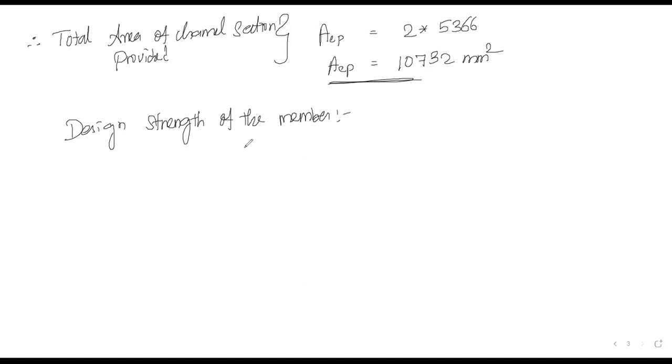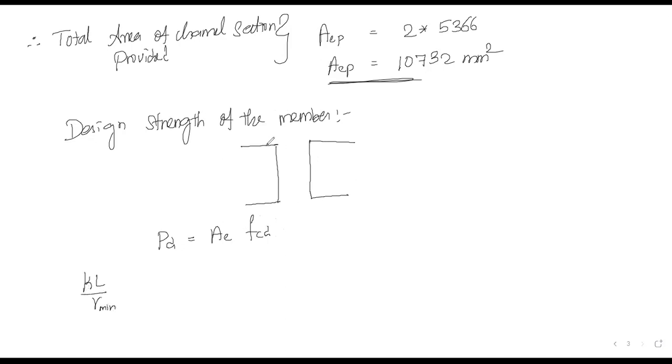Okay, they have mentioned that the channels are placed back to back. So now we have to calculate the design strength. Design strength of the member PD is equal to effective area provided into FCD. For FCD value, we need KL by R minimum.